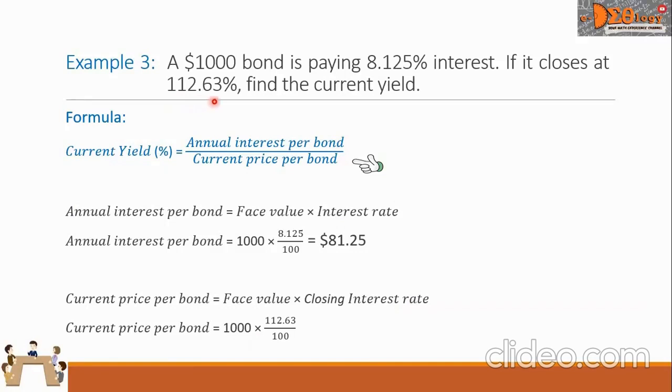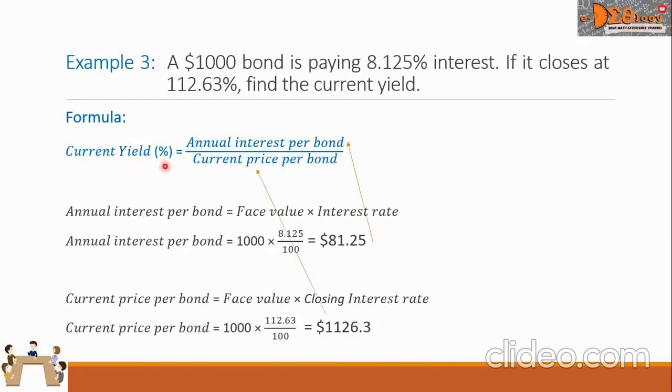Let us change this as a fraction, we will copy the 112.63, dropping the percent sign and over 100 here. Using our calculator, this value will give us $1,126.3.